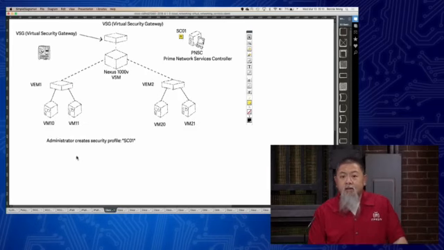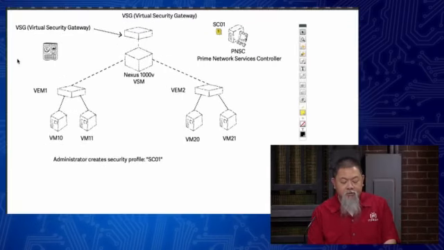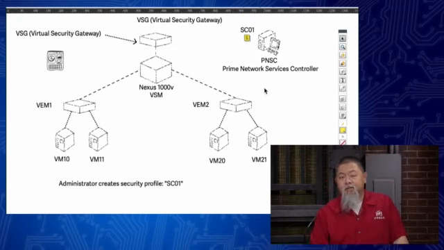All right, in the cloud, though, if you were to implement something like this, let's take you through the path here of how this vPath ends up working. So the first thing that happens is, this is kind of a setup. So here's the networking service that we're talking about, the VSG. And when you create a policy, which is going to be over here on SC01, this tends to run in Cisco's Prime Network Services Controller.